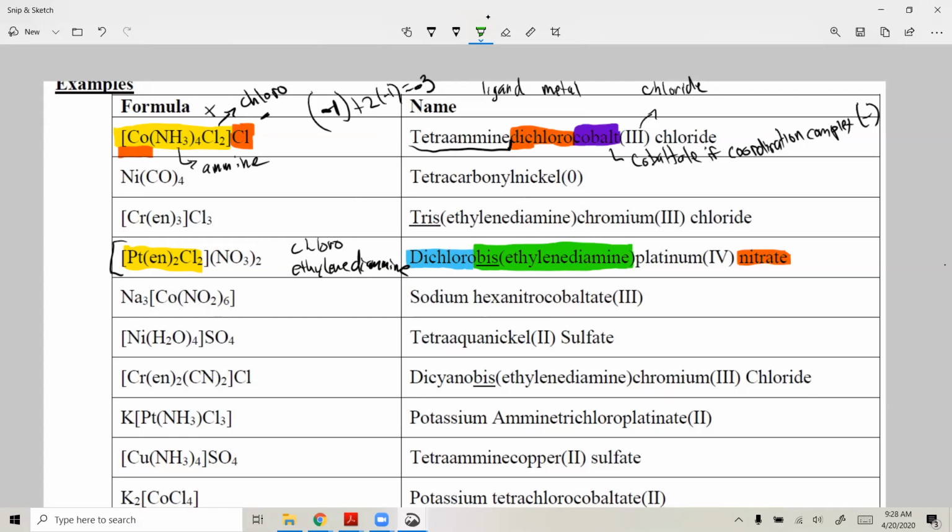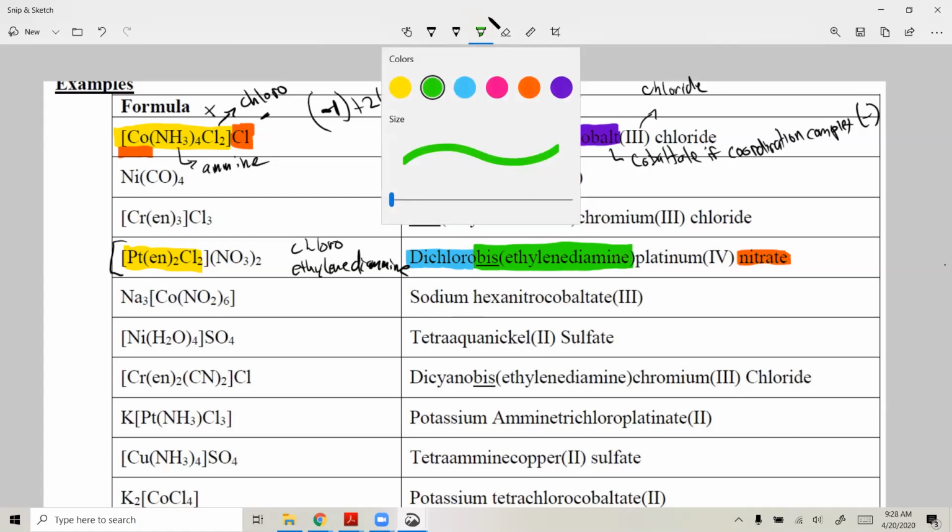You would have two ethylenes and two diamines. So that's why they use bis with those parentheses, letting them know that there's two of the ethylene diamine, which is one ligand altogether. So we have that part all set up.